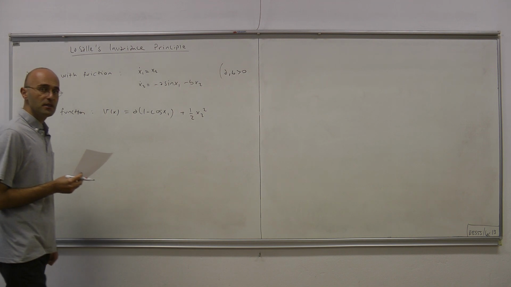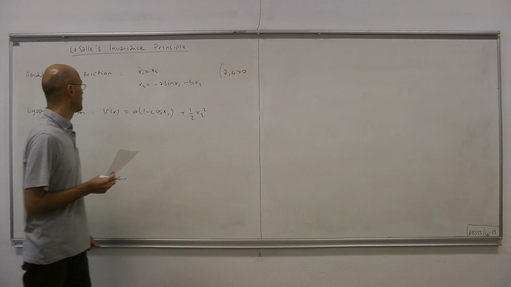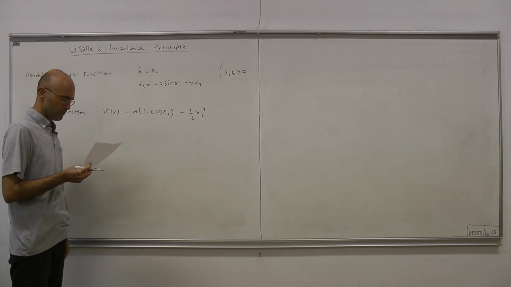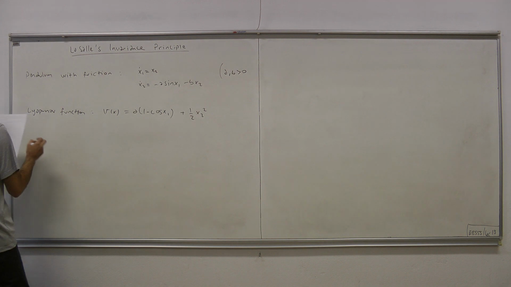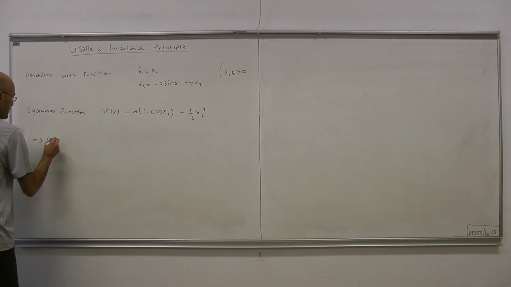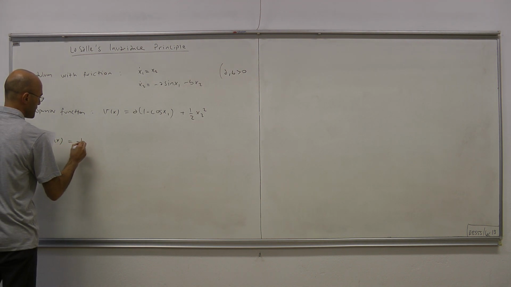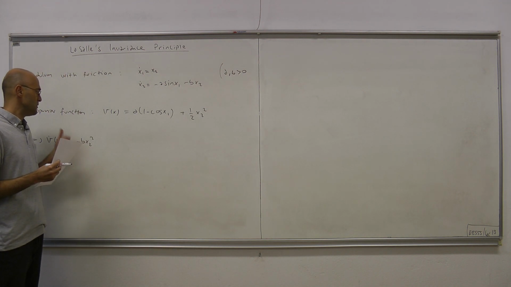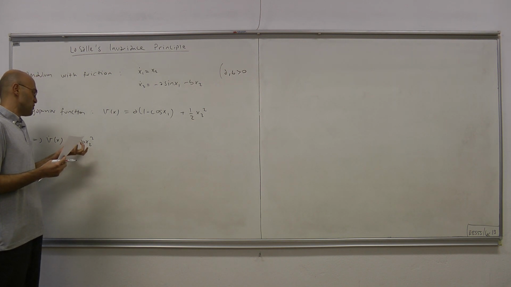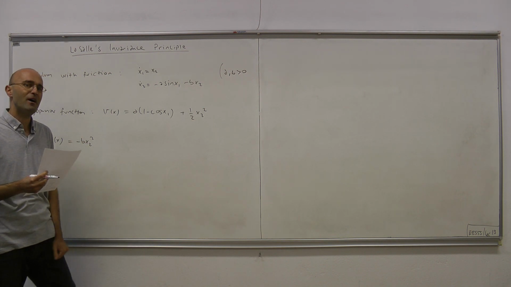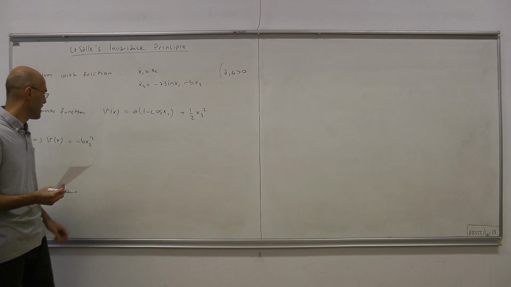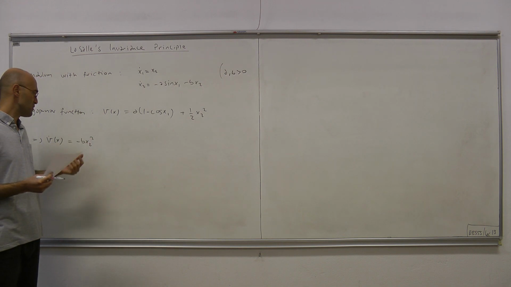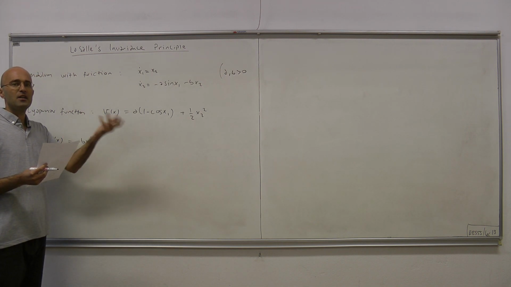When we computed the time derivative of this energy function along the solutions of the system, we obtained that V dot of x equals minus b x2 squared. This tells us that V dot is negative semi-definite, but not negative definite. That is, for points that are not the origin, V dot can still be 0. For instance, choose x2 equals 0 and x1 something else.